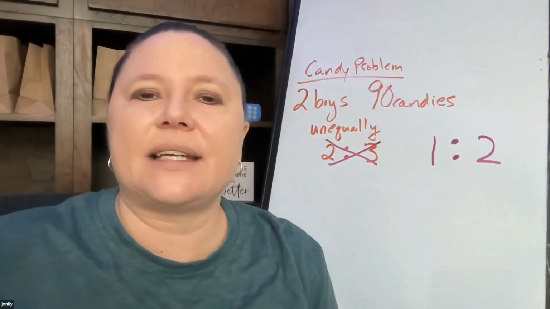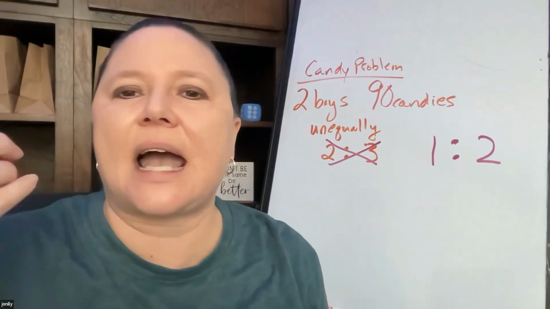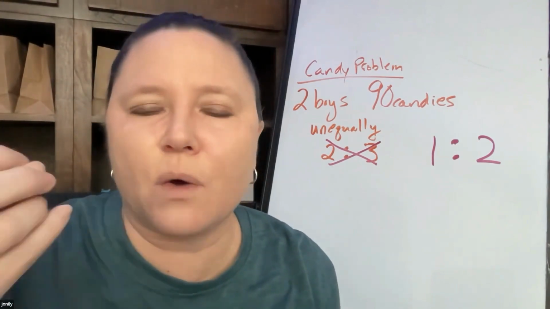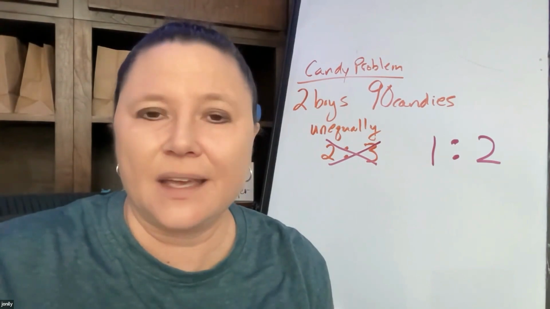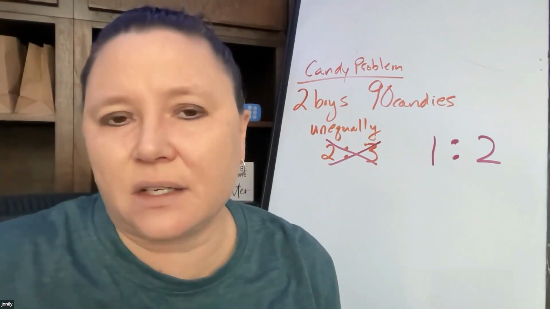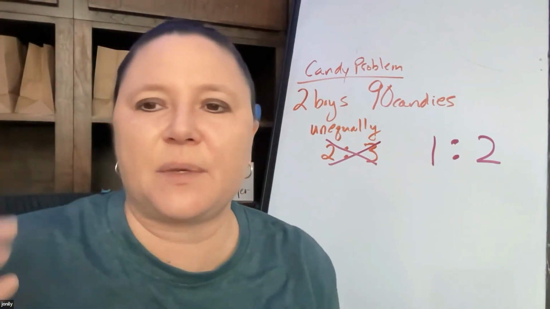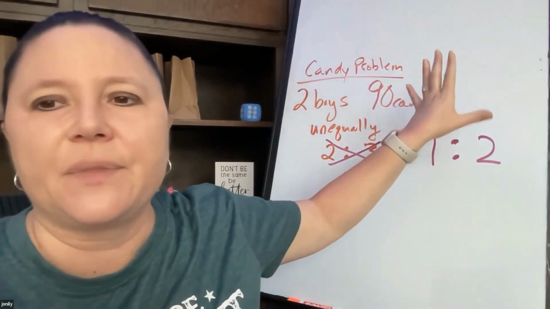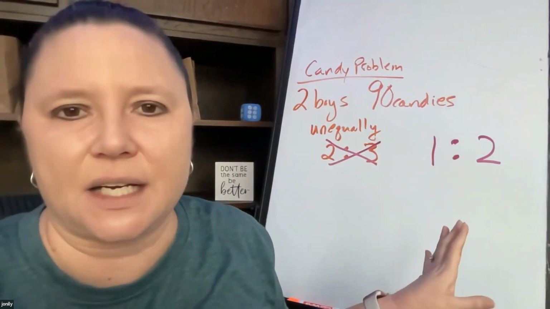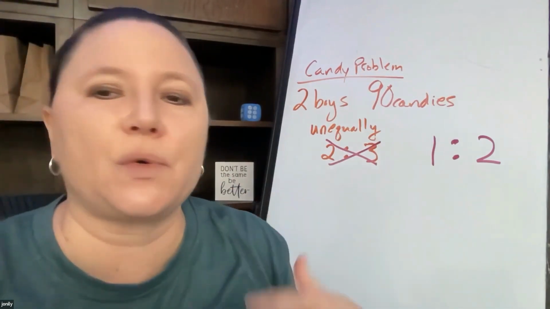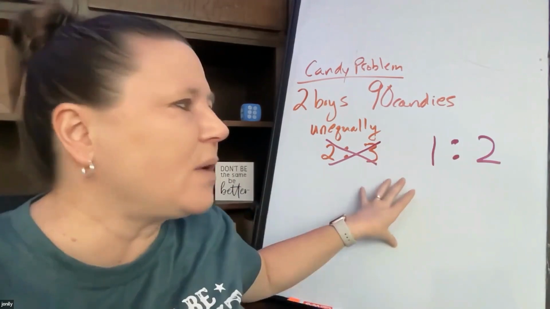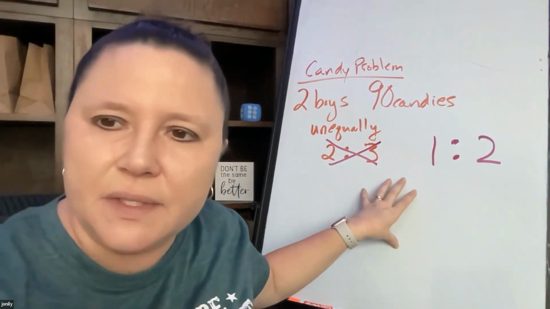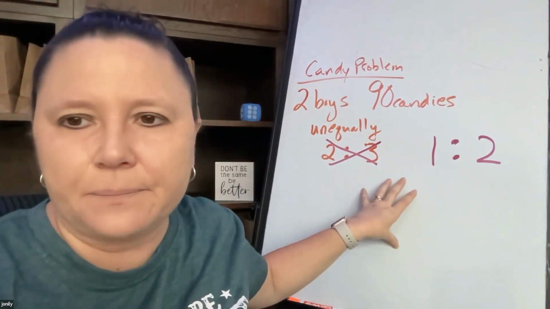This is interleaving at its best because I'm bringing in an out of context situation from what we're currently studying. I'm also using another cognitive science approach called spaced practice because I've left space between the first time kids engaged with the candy problem and the second time kids engaged with the candy problem. Because the first time we just created a bunch of questions. Now I'm going to give kids manipulatives and tools that they can act out the candy problem.